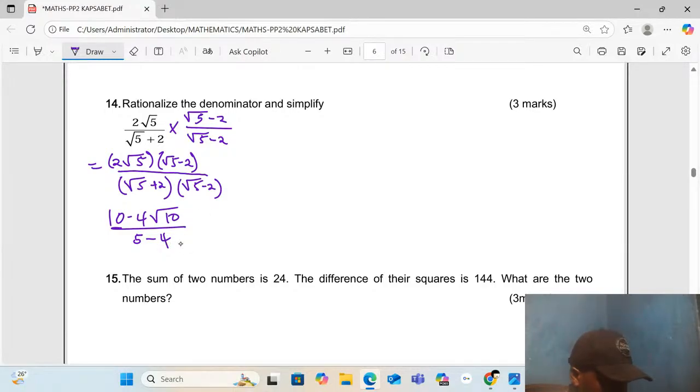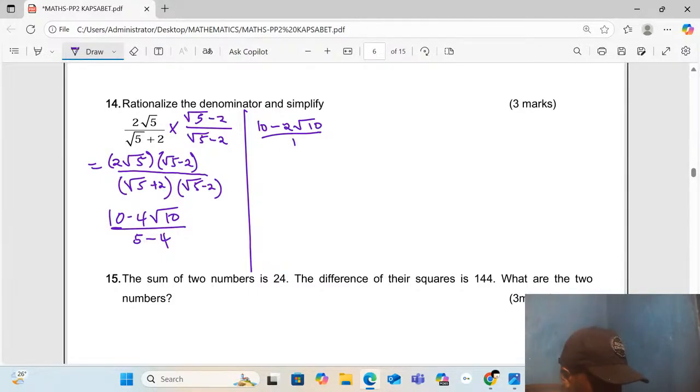So that we have now, we continue with it. We are going to have 10 minus 4 root 5 in the numerator, divided by 1.